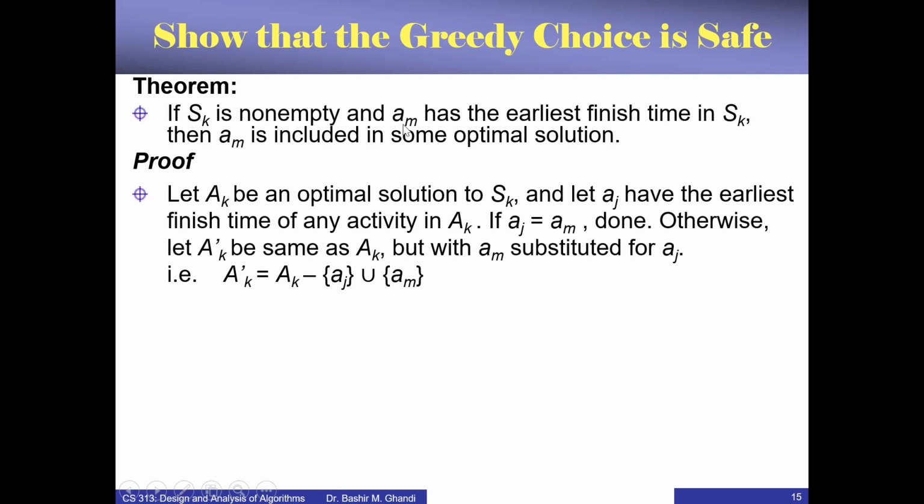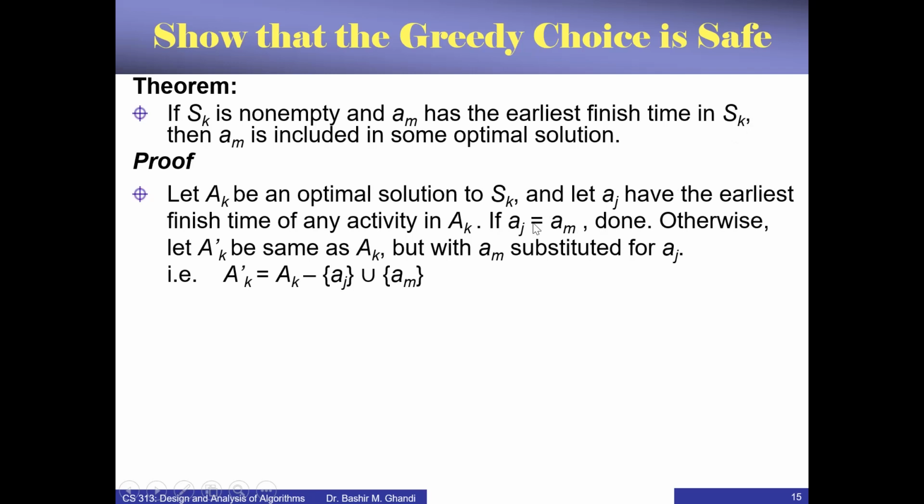If we do that, it means the choice of Am is always safe. So we say here, if Aj happens to be equal to Am, then we are done, since Am has the earliest finishing time in Sk.